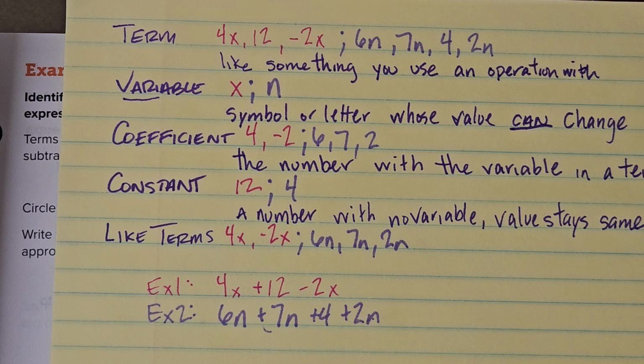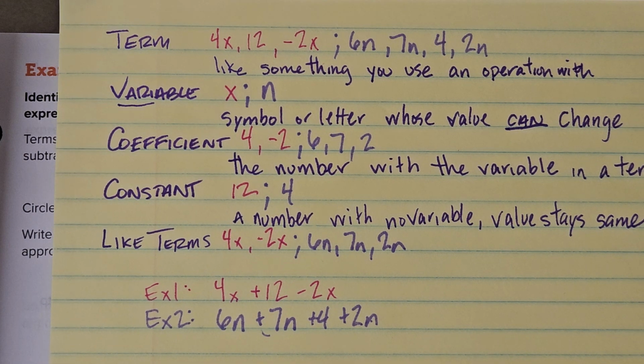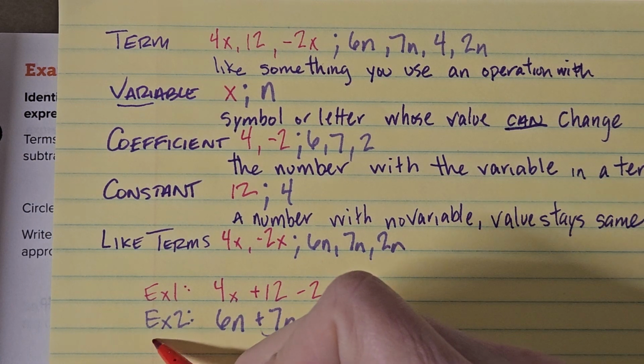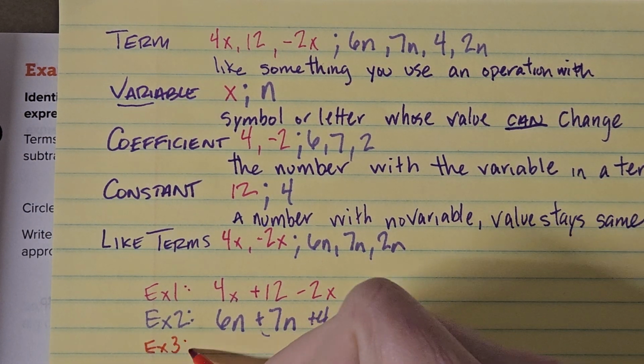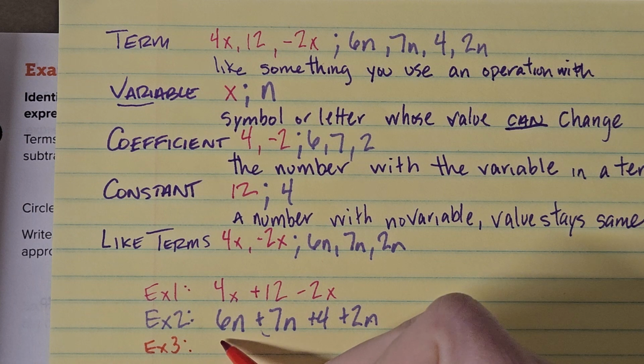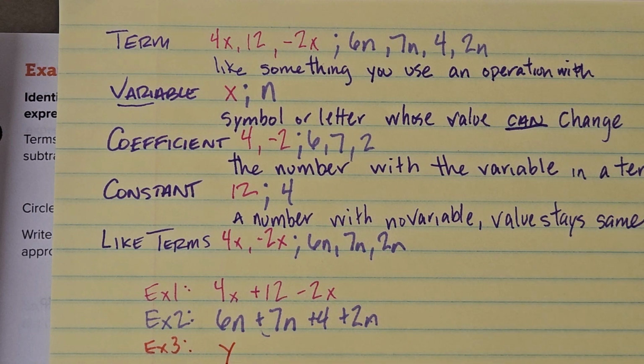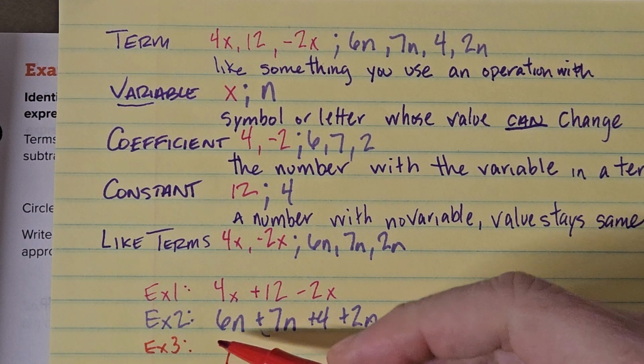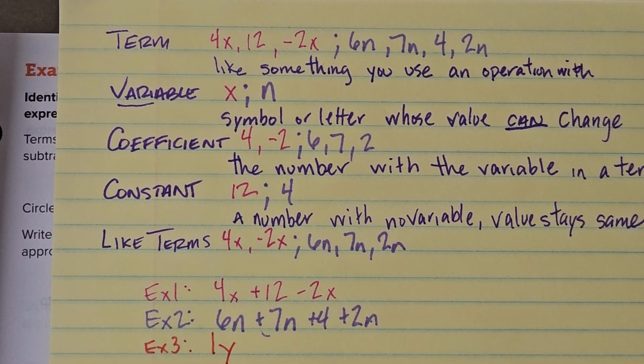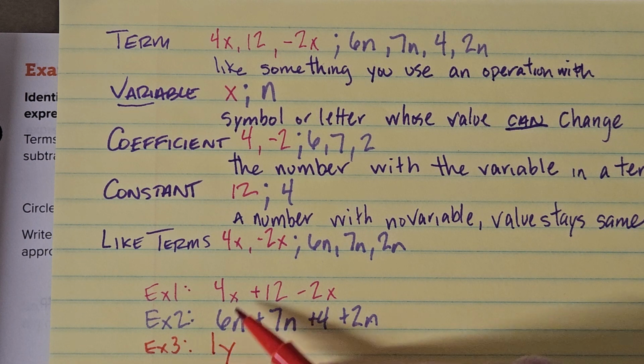Here's a bonus. If you have just a variable, just the variable y, there's an implied 1 in front of it. We don't write the 1 because it's extra work, but it means 1y, and if that's the case, that's a coefficient.